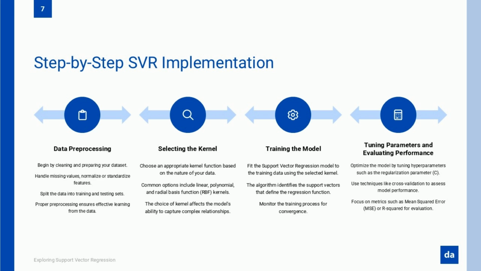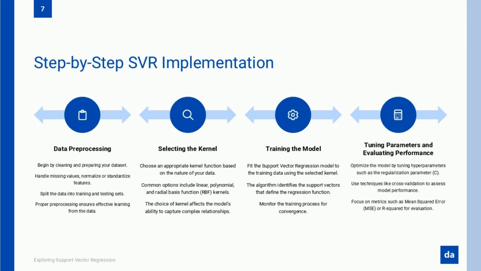To improve performance, we need to tune hyperparameters such as the regularization parameter C, the epsilon margin, and the kernel-specific parameters. The regularization parameter controls how strict or lenient the model is in fitting the data. A small C value allows more flexibility and avoids overfitting, while a larger C forces the model to fit the training data more closely.